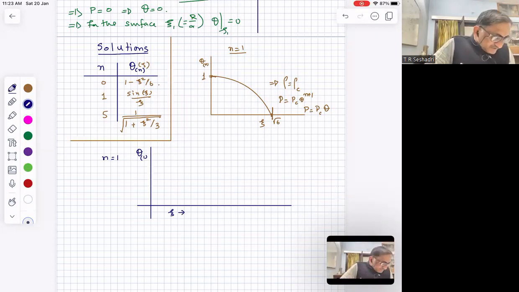But now here it will be slightly different. Here, 1, 2, 3, 4, 5, 6. So this is equal to 1 as before. When does theta become 0 for the first time? What value of xi?